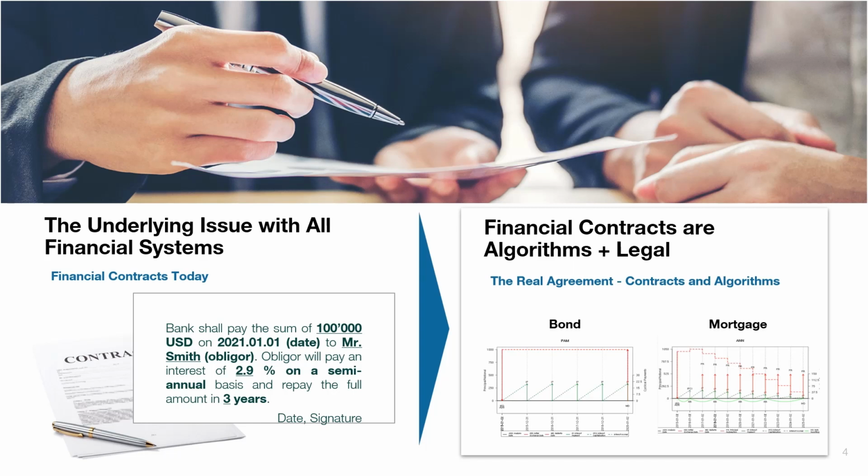Here we see a pattern of a typical bond and a rather complex mortgage. Note the abbreviation PAM below bond stands for the general pattern principal at maturity, and AN below mortgage stands for the general pattern annuity. We will discuss the mortgage or AN example in the following slides.